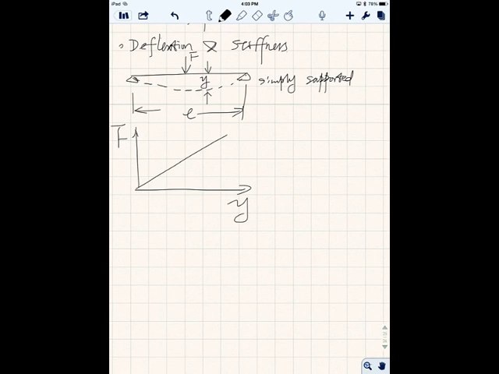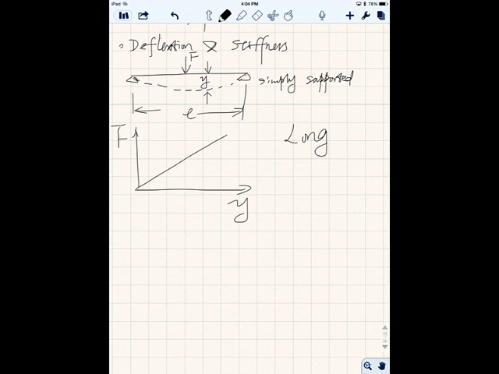All right, so 10 newtons, 10 microns, 100 newtons, 100 microns. So they're linear for a small deflection and for a relatively long beam. Okay. All right. In this case, the beam is long.